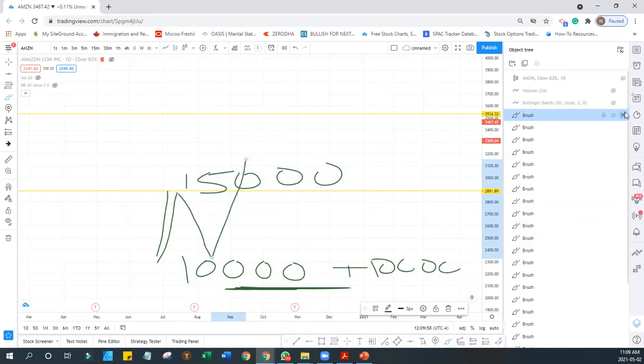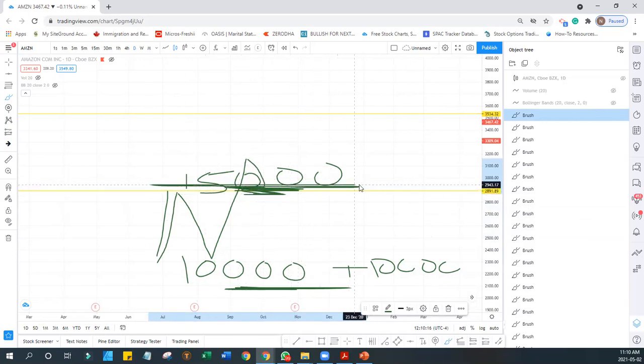Now what happens is you have 5,000 buyers here. They will not let the price fall below this. They will do some profit booking, but they will again try to buy at this point, because now this will act as your support area.